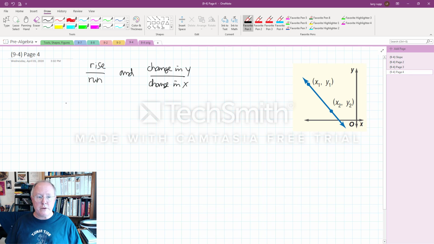Okay, so the first point will be, according to our diagram here on the right side, x1, y1. The second point will be x2, y2. Okay, so then we can write a formula that says that the slope, m, remember this is the variable for slope, m is equal to the change in y. So we take y2 minus y1 over x2 minus x1. All right, and that's it.